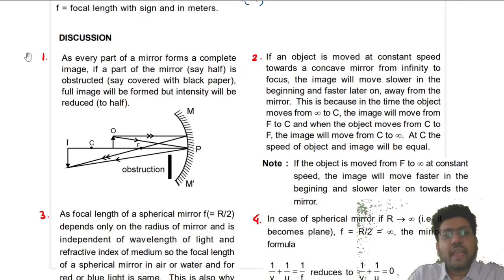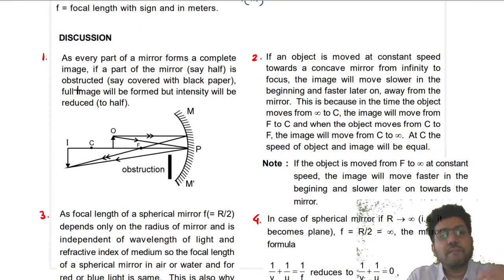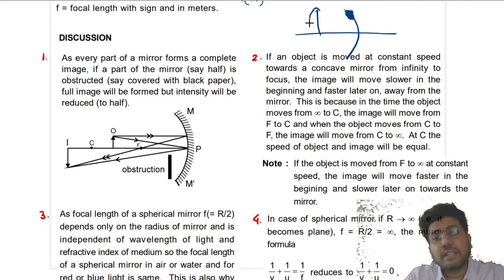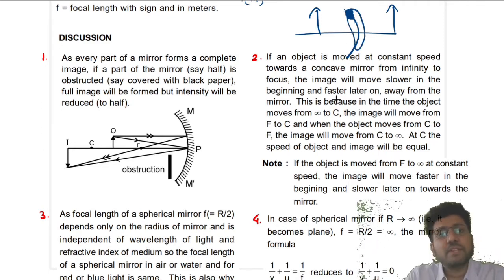First, every part of a mirror forms a complete image of an object. So that means if this is a mirror and this is the object, and you obstruct this part, still every part of the mirror forms a complete image of the object. Even if you obstruct this much part, a complete image will be formed. Complete image is always formed from every point on the mirror.